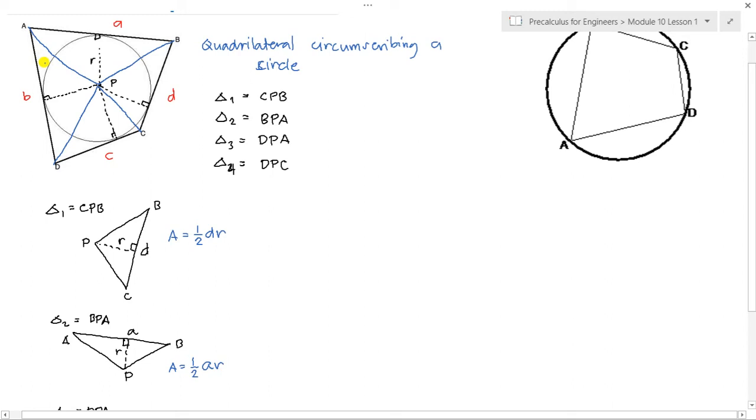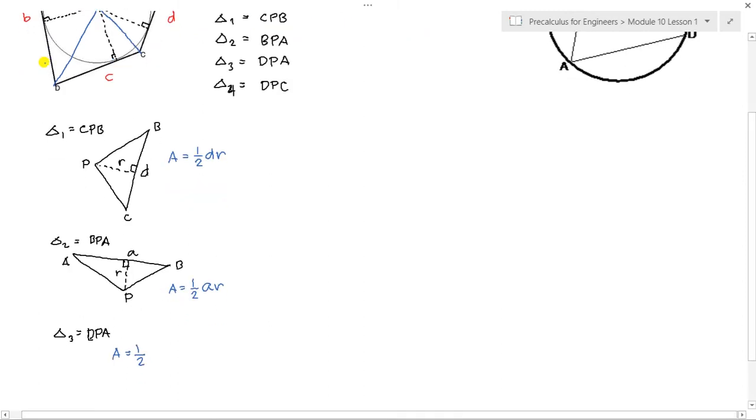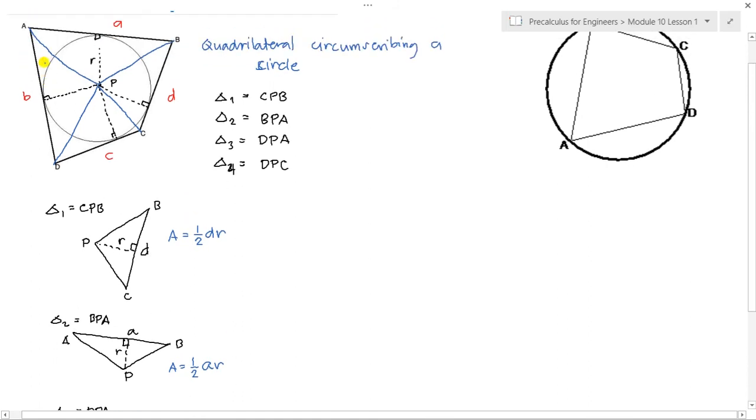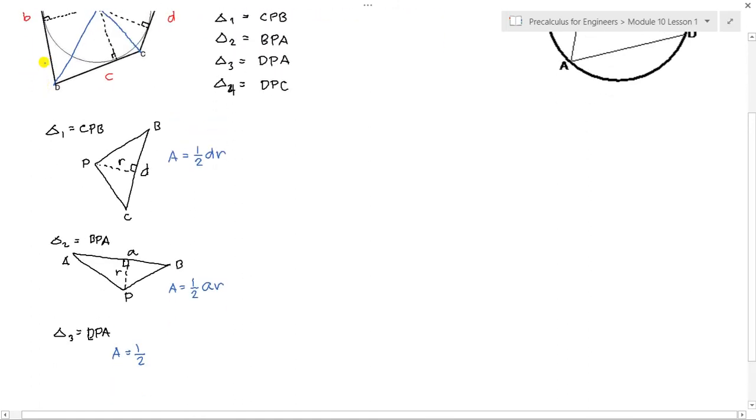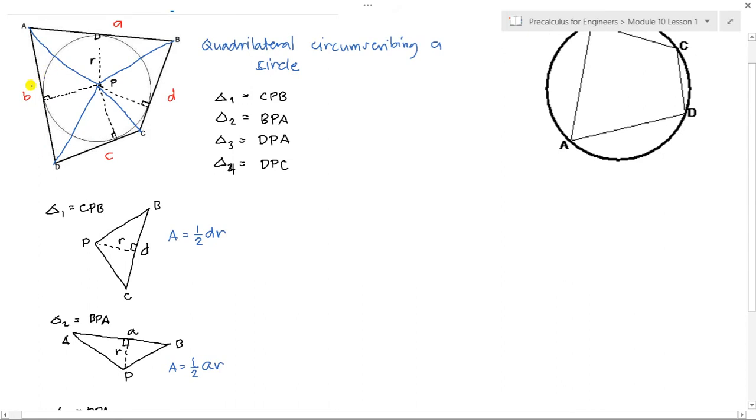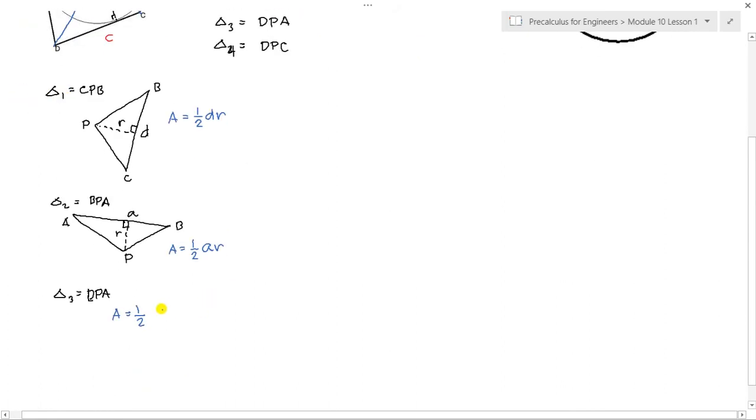Let's see if you are following. Which side? Side B, right? Side B. So that is side B. Therefore that is 1/2 BR.